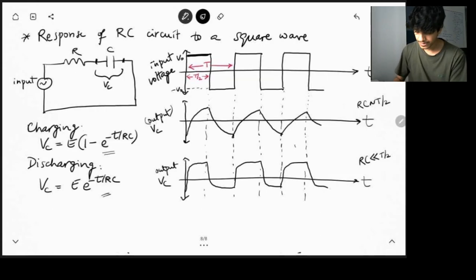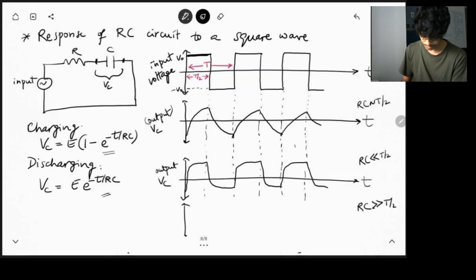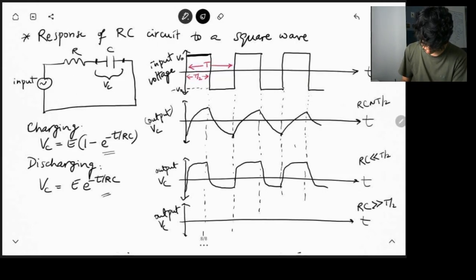And let's look at the third extreme, where RC is much greater than T over 2, than the period of charging and discharging. Now, it's going to take a very long time to saturate.